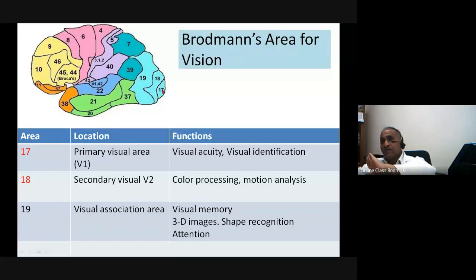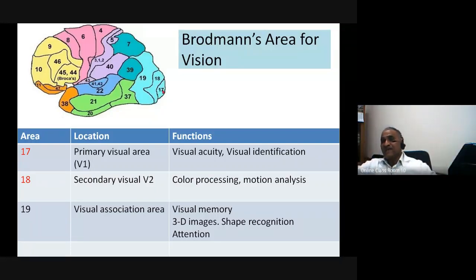In the case of vision, the left hemisphere receives information from the left half of the field of vision, and the right hemisphere receives the right half of the field of vision.